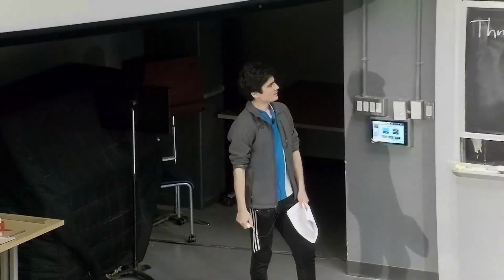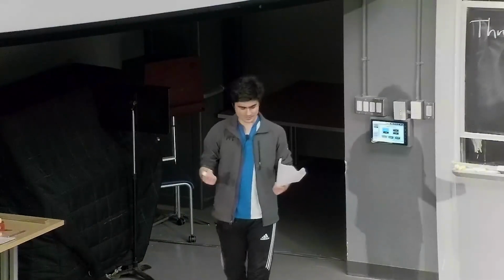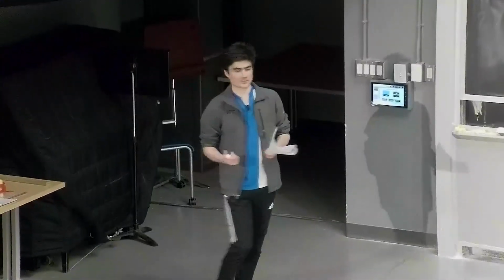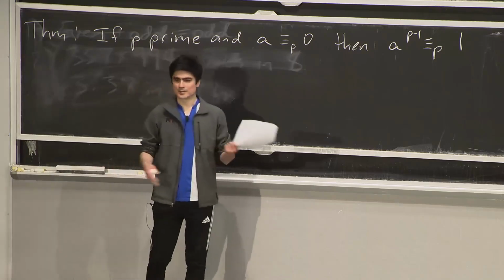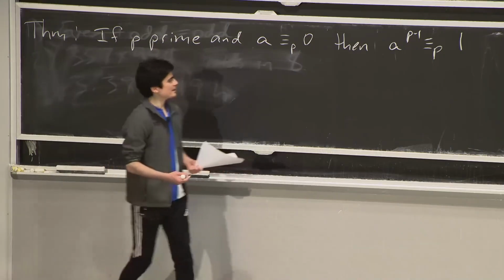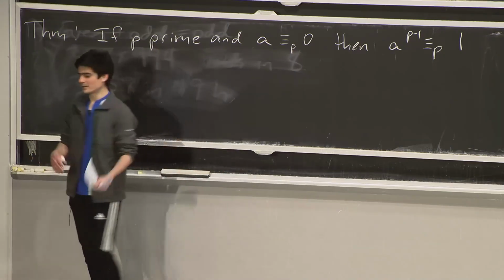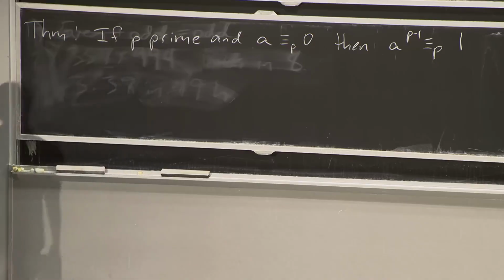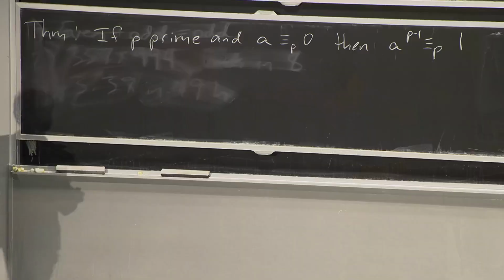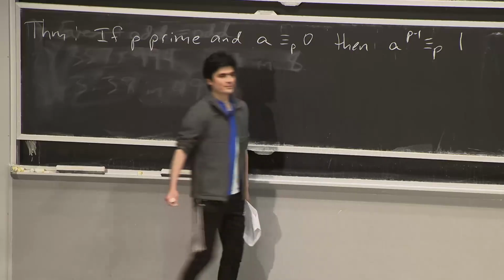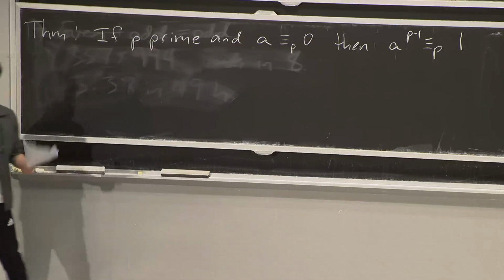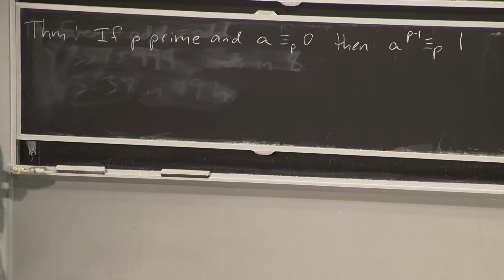If you think about what this is saying, it's similar to what we were trying to do with exponents earlier, but instead of getting rid of multiples of p in an exponent when working mod p, we're instead going to get rid of multiples of p minus 1. So basically, we can always factor out an A to the p minus 1 without changing the end result.